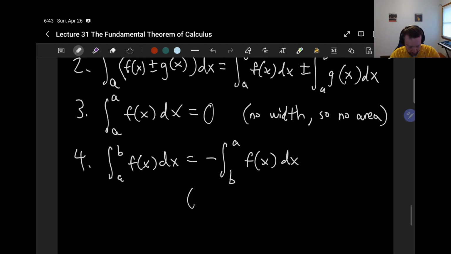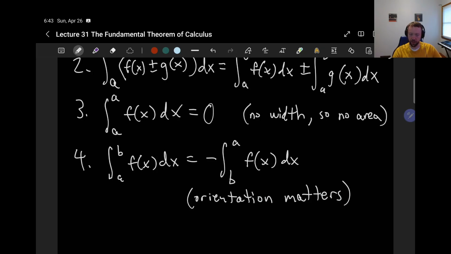So what I like to say with this little comment is that orientation matters. Am I going on an interval from 0 to 1 or 1 to 0? You can technically do both as long as you use a negative when you're going the wrong direction.